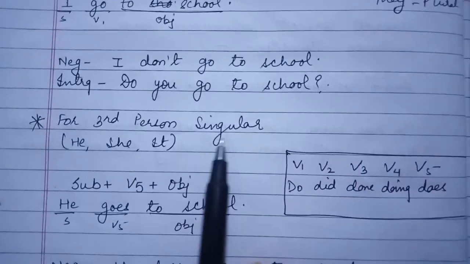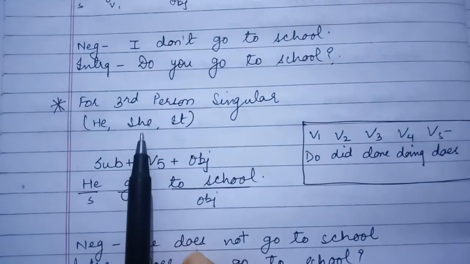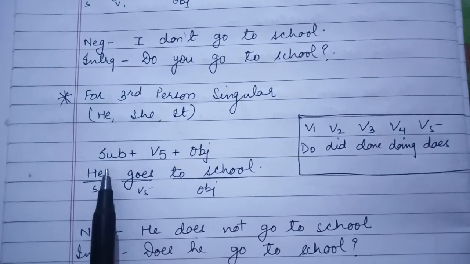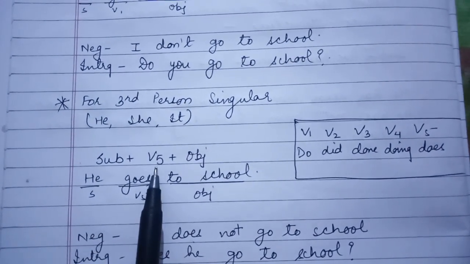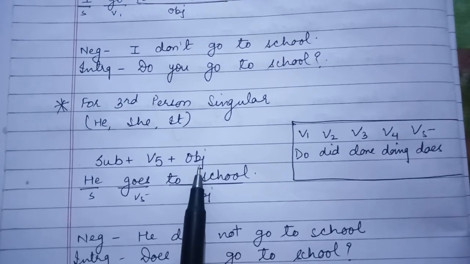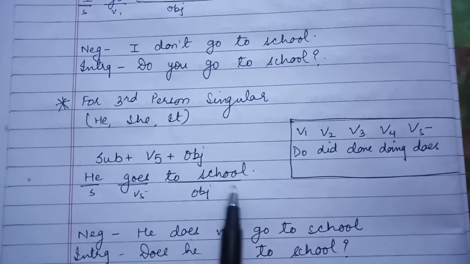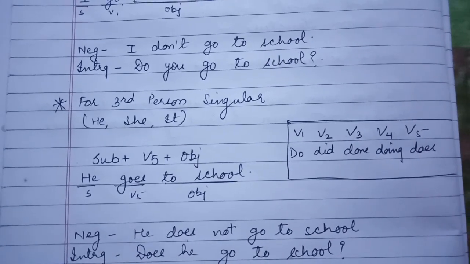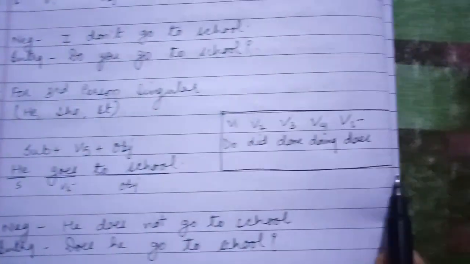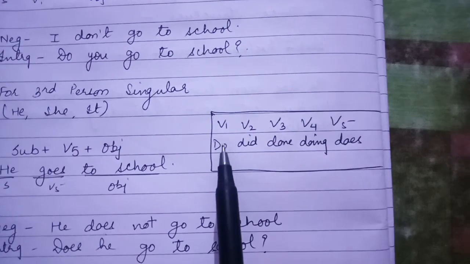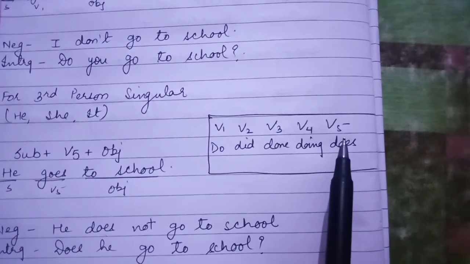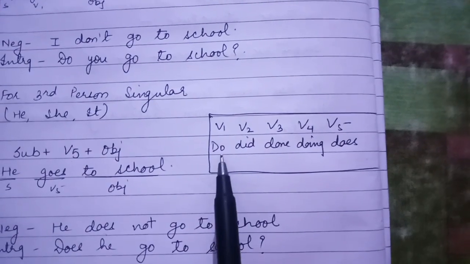Now for third person singular, like he, she, it or any name which is singular, the sentence structure is subject plus verb's fifth form plus object. He goes to school. Now the fifth form is goes. Those who do not know the five forms of verb, see, every verb has five forms: V1, V2, V3, V4, V5. I have written the verb forms of do.